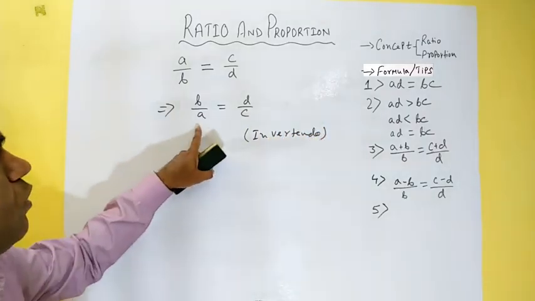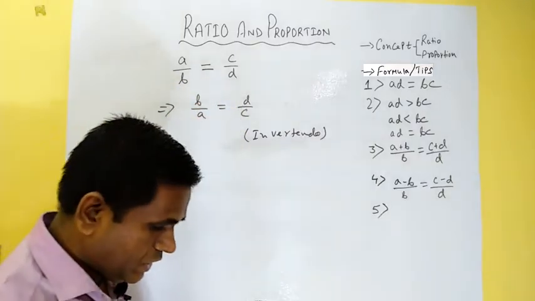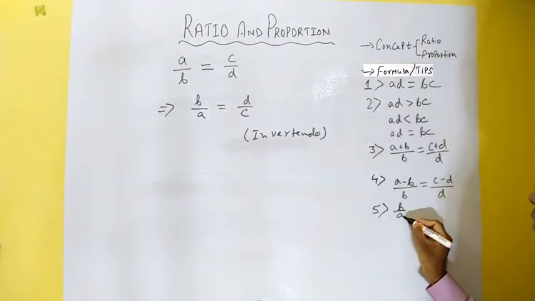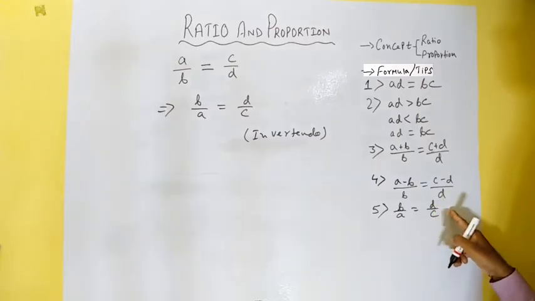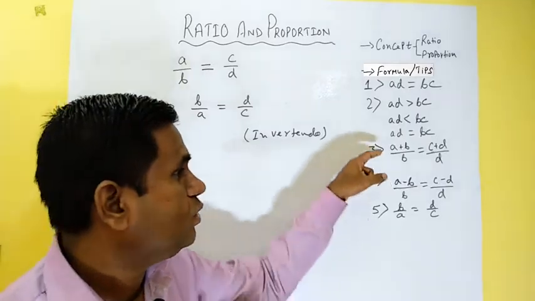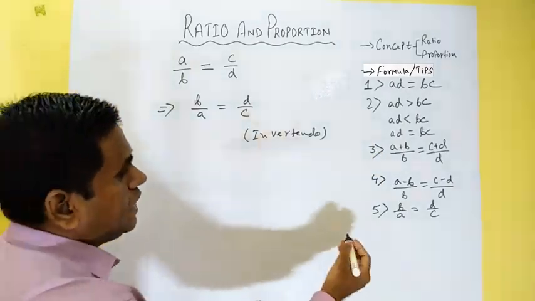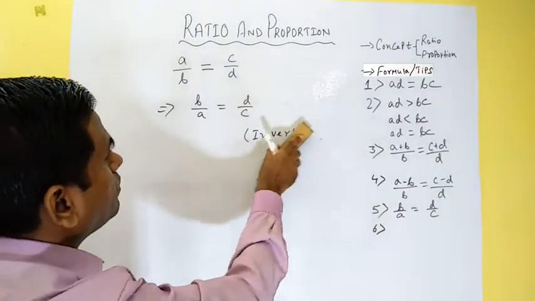So inverse is also true in case of A upon B is equal to C upon D. So here, fifth one, I will write B upon A is equal to D upon C, which is invertendo. You need not remember the terms, friends. If you just know the relationship, that is more than enough. That is why I am not writing the names here, only the formulas.